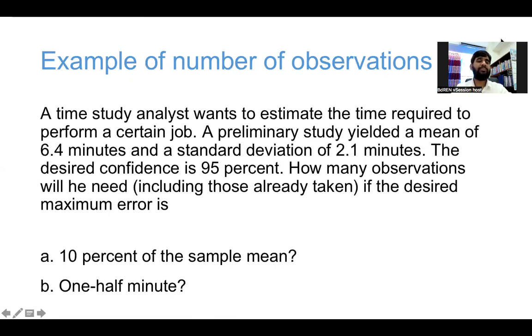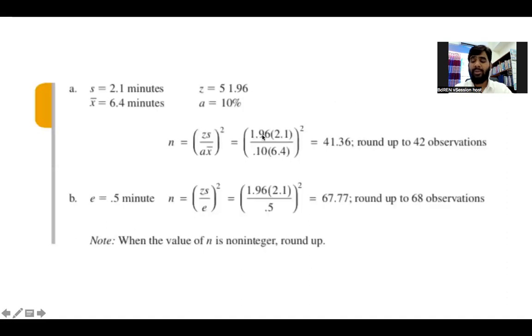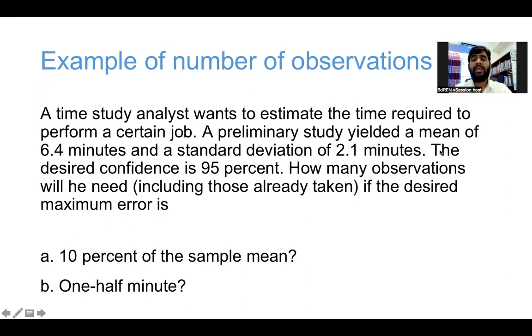Come to this example. A time study analyst wants to estimate the time required to perform a certain job. A preliminary study yielded a mean of 6.5 minutes. This mean or average means that you have taken a few observations and calculated the average, and the standard deviation is 2.1 minutes.